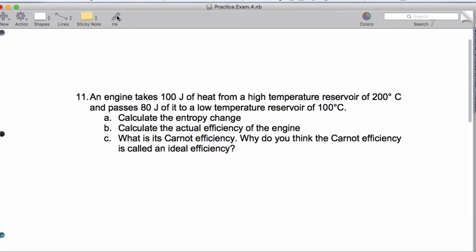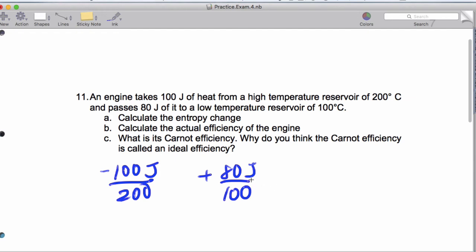Let's get the entropy change, just like we did in class. So I have 100 joules taken out of the 200 reservoir, and then only 80 of it goes into the 100. So this is for A, the total entropy change.